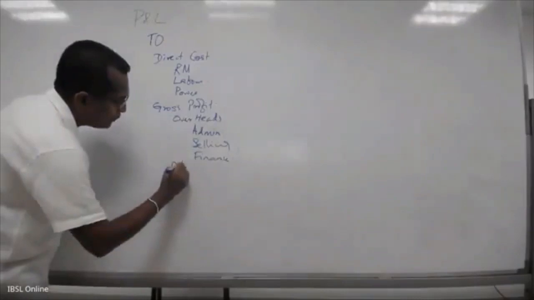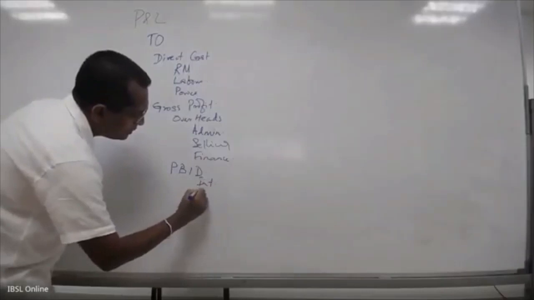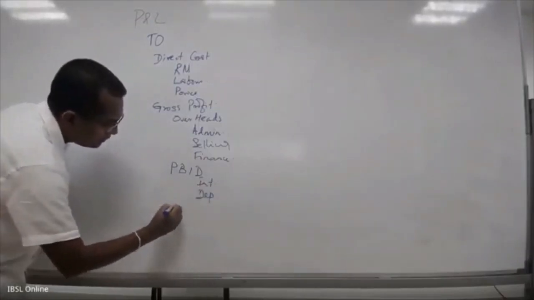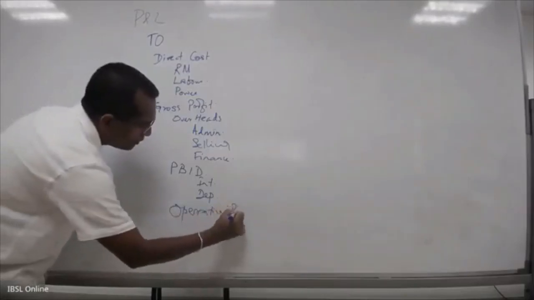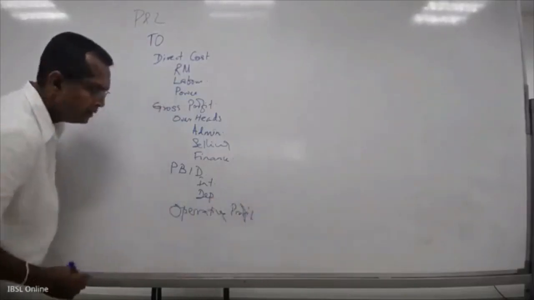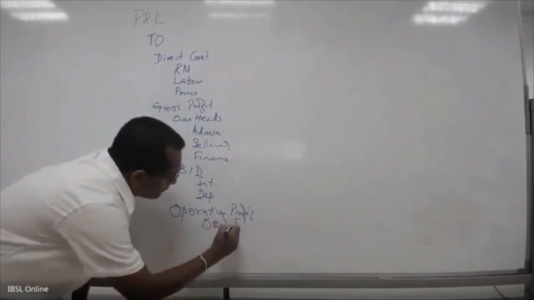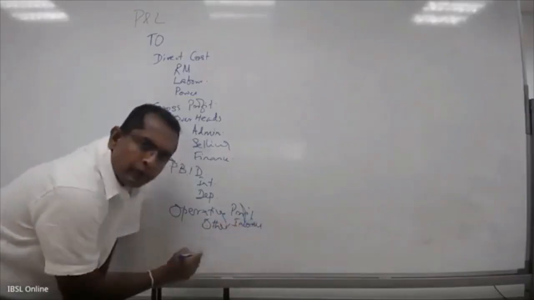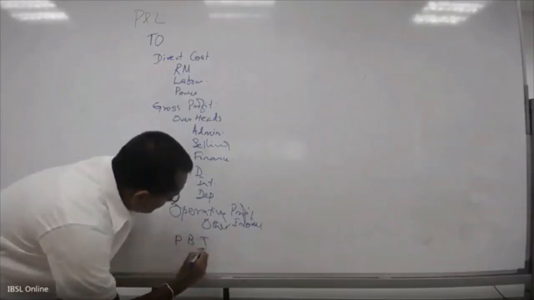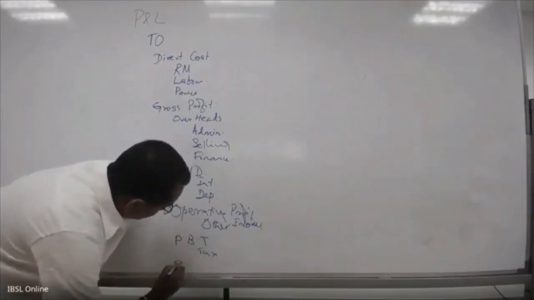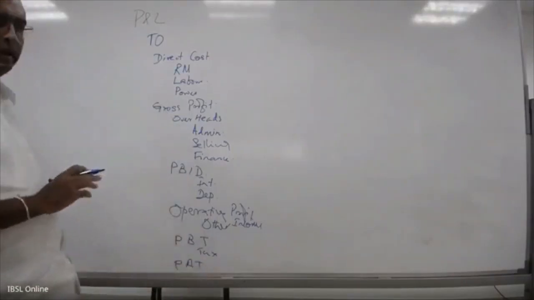Profit before interest and depreciation, interest, depreciation, operating profit, other income, profit before tax, tax, and profit after tax, right? This is the entire P&L.